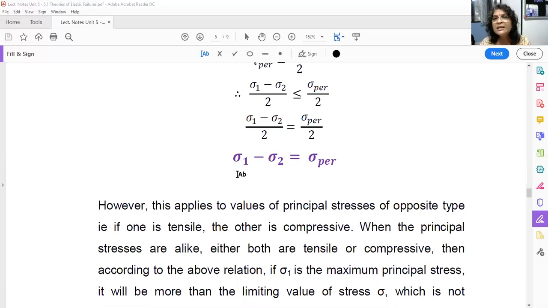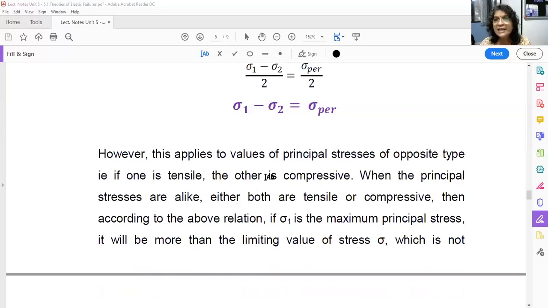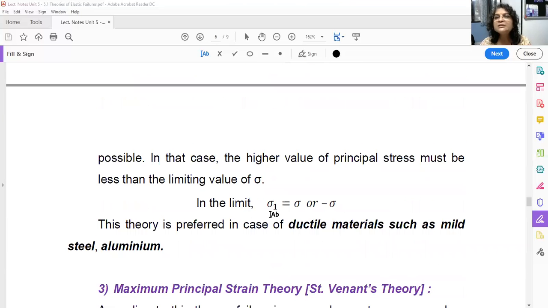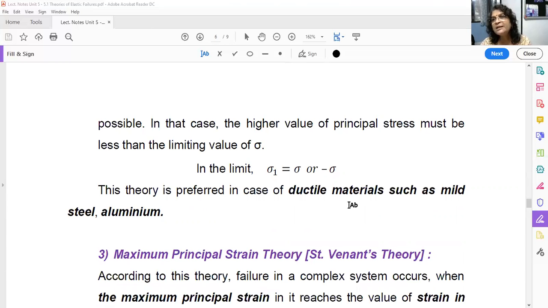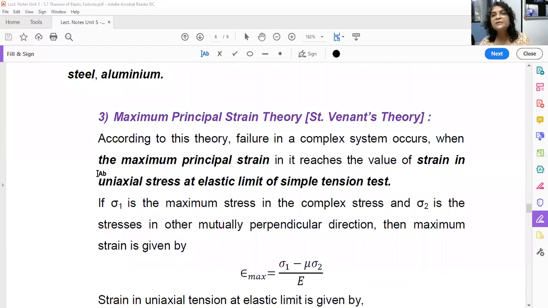So when one is tensile and the other is compressive, this formula is good. But when both are compressive or both are tensile, in that case we take sigma 1 equal to sigma permissible. So this theory is preferred in ductile materials such as mild steel and aluminium. Understood?